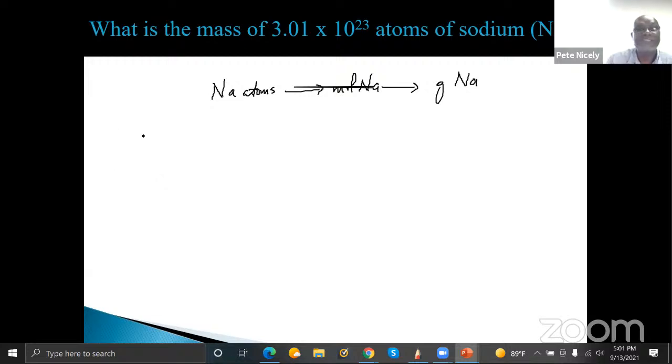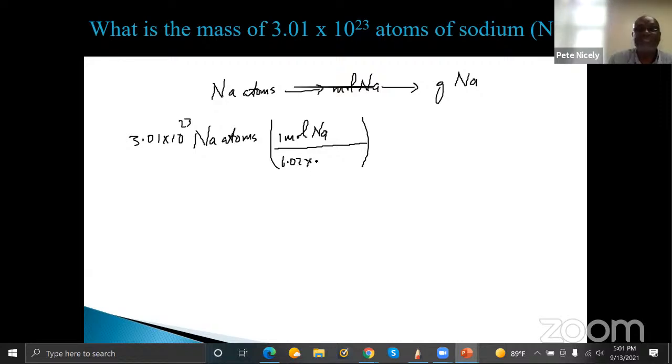All right, so I would start off with the 3.01 times 10 to the 23 sodium atoms. And then I would multiply that by, so the numerator would be 1 mole of sodium. And down here would be Avogadro's number, which is 6.02 times 10 to the 23 sodium atoms.